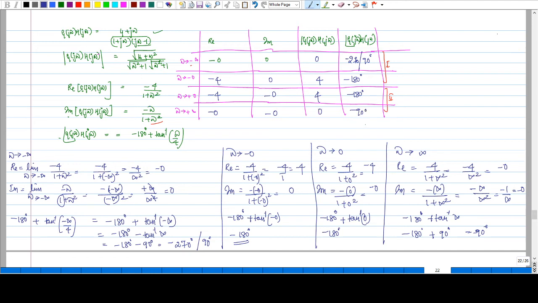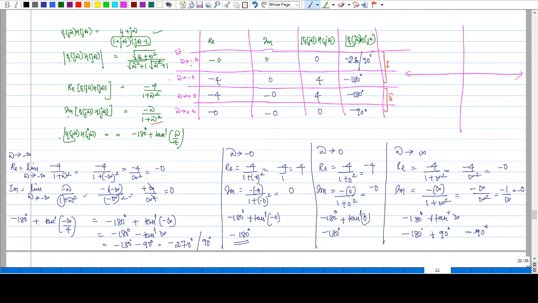Now we will try to draw the Nyquist plot, sections 1 and 2 of the Nyquist plot, using this information. Whatever we have tabulated, using that we will draw the Nyquist plot. Coming to the Nyquist plot for sections 1 and 2, this is the starting point of section 1.